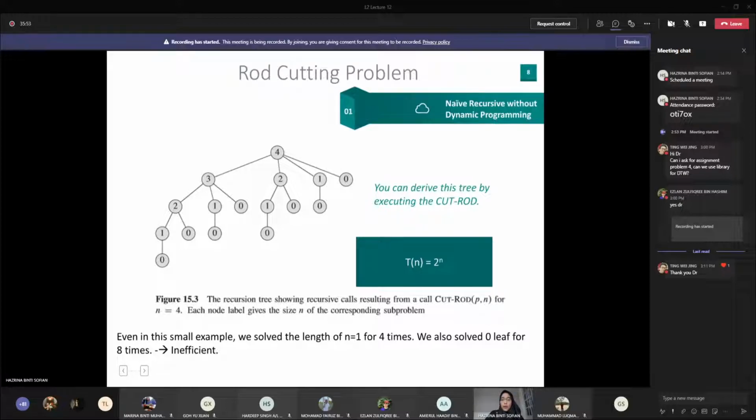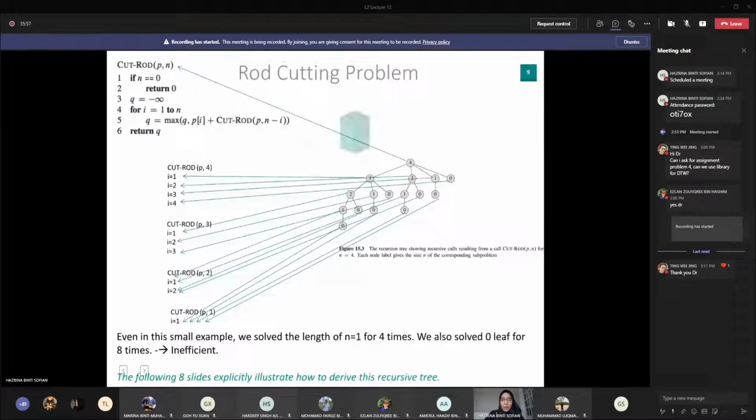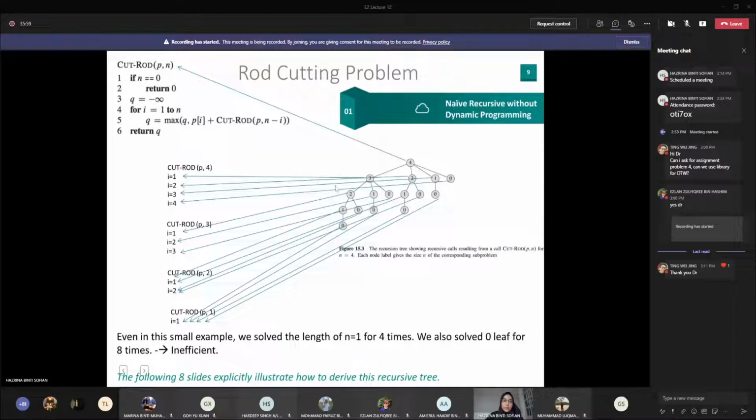I was trying to, because this is from the book. It said that even in this small example, we resolve the length of n equivalent to 1 for 4 times. You see this one, we resolve it 1, 2, 3, 4 times.